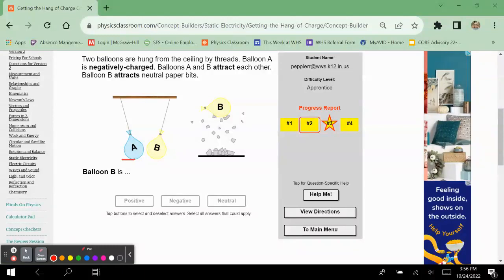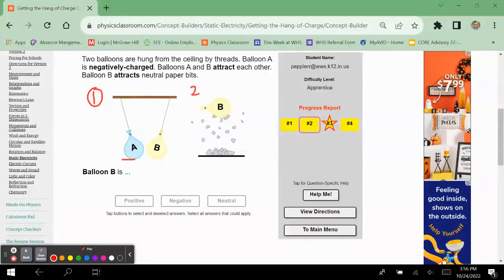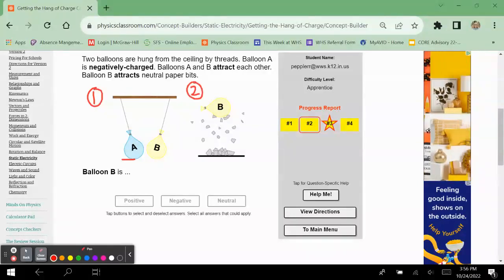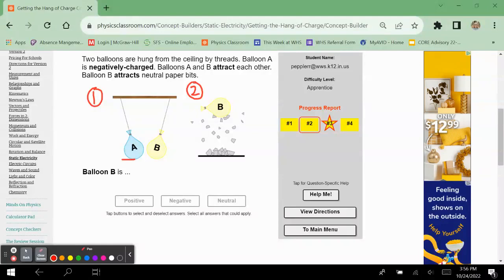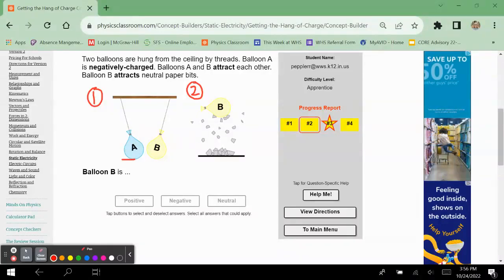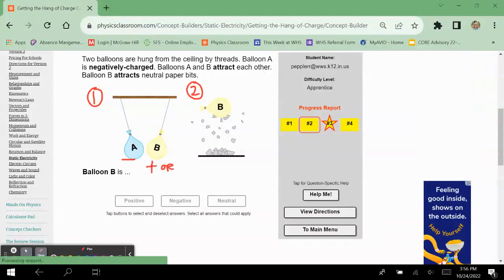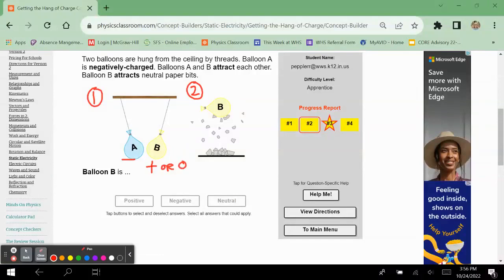So what that tells me, this is the first information we're given. This is the second information. So let's look at the first information and then we'll see if it can get more specific using the second. So A and B attract, A is negative. So what that tells me just in this first information is that B is either positive or neutral, 0. Okay, I'm using 0 for neutral.